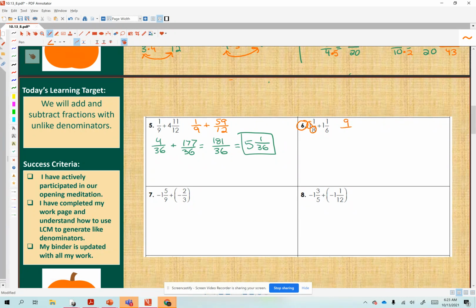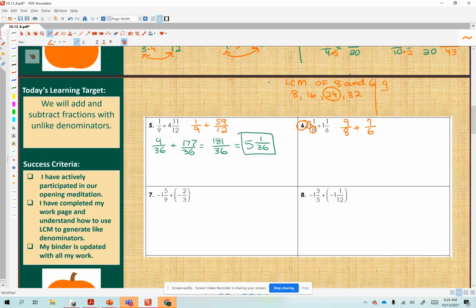So that would be 9 over 8 plus 6 times 1 is 6, plus 1 more is 7, 7 over 6. So we need the least common multiple of 8 and 6. When we look at the multiples of 8, we have 8, 16, 24, 32. And we see that 24 is also a multiple of 6. So that will be our new denominator.